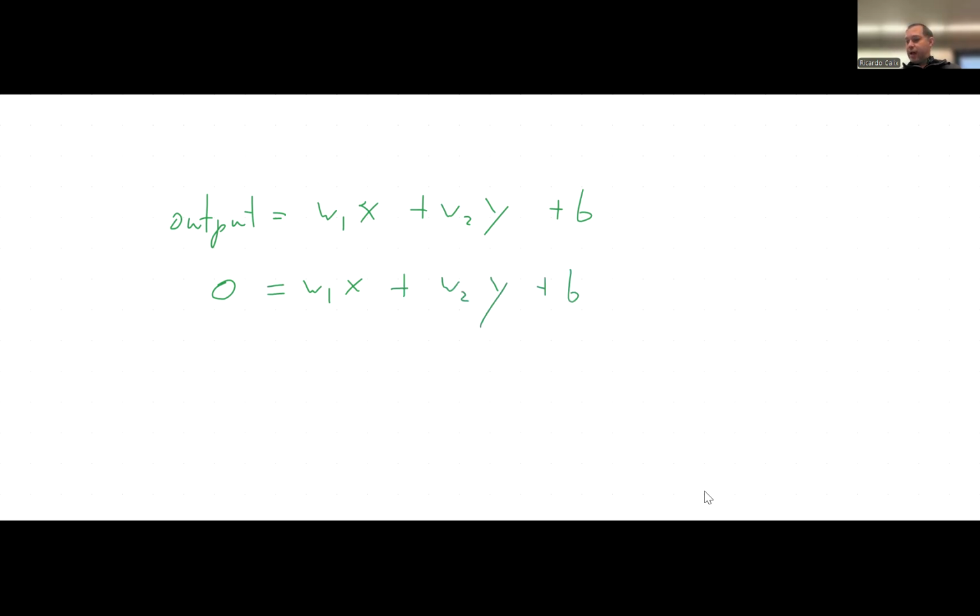Now, the good thing about having something like this is it allows you to move the terms and see the line.